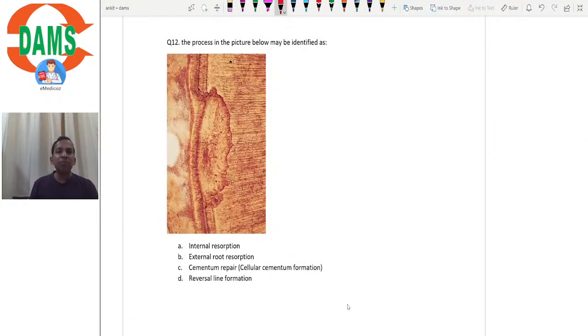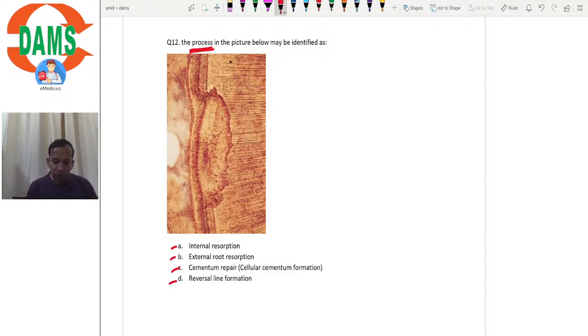The process in the picture below may be identified as what? So we have to identify the process that we can appreciate in this diagram. Option A, internal resorption, external resorption, cementum repair, and reversal line formation. So when does the reversal line form? When there is a resorption.